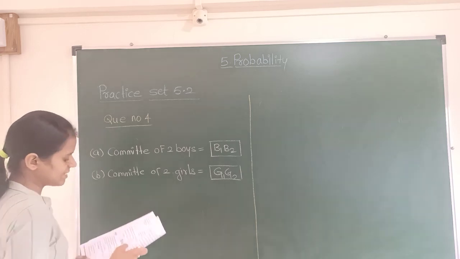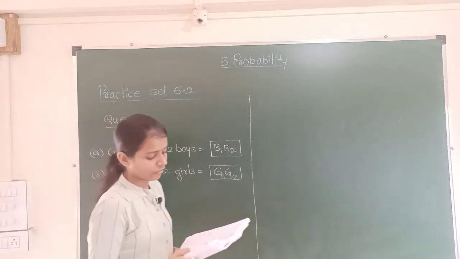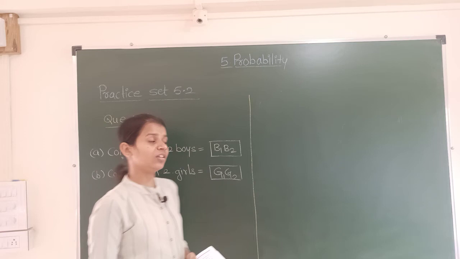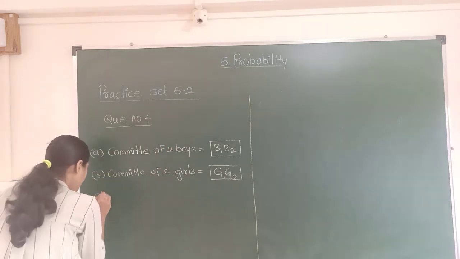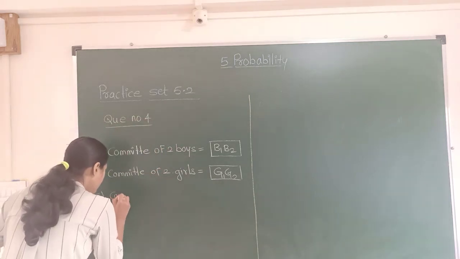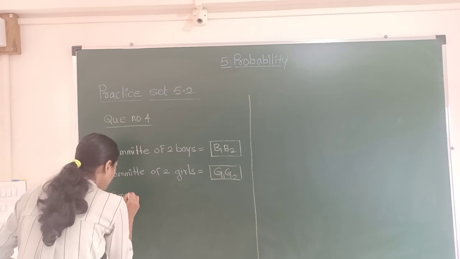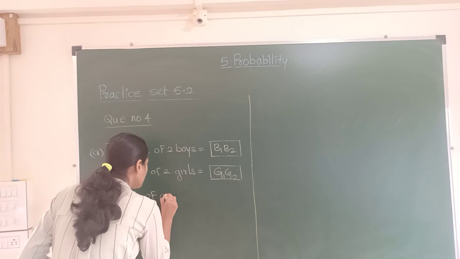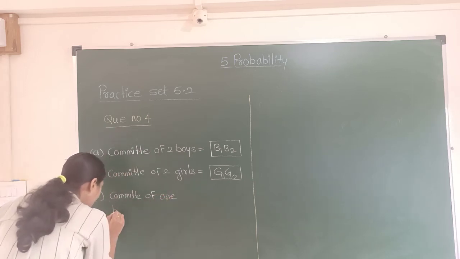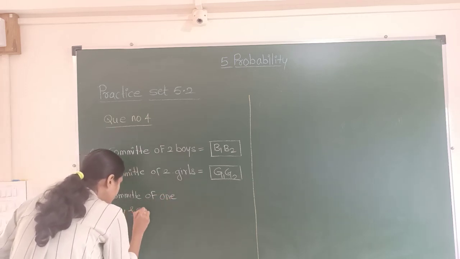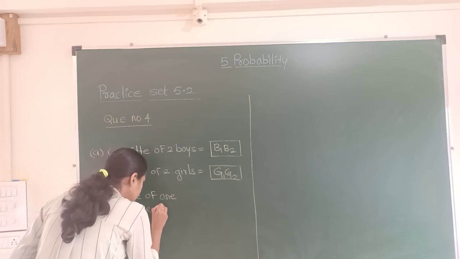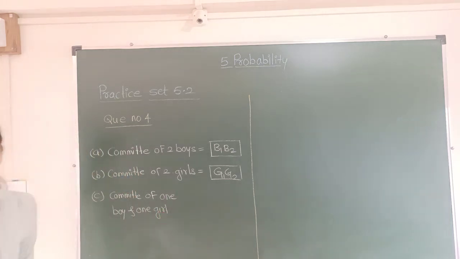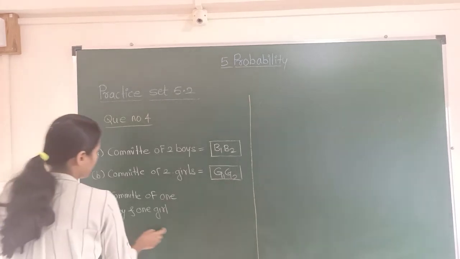Now the next is the committee of 1 boy and 1 girl. If they form a committee of 1 boy and 1 girl, what will it be? So we will write committee of 1 boy and 1 girl.